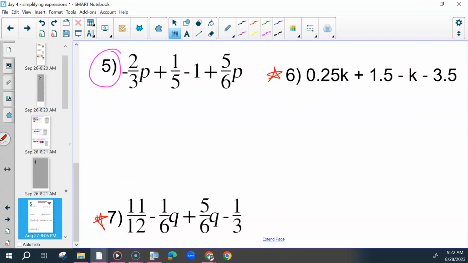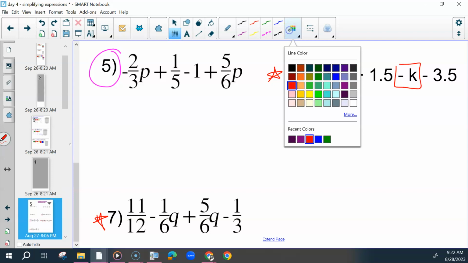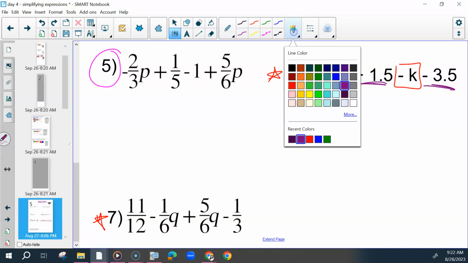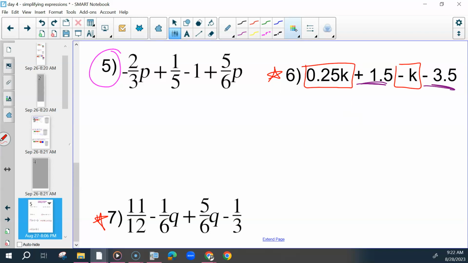Great, so you would do the same thing. Look for like terms, so terms with the same variable, and then terms without variables. And you would do that same process as before.